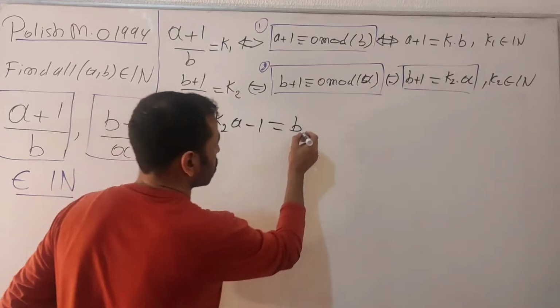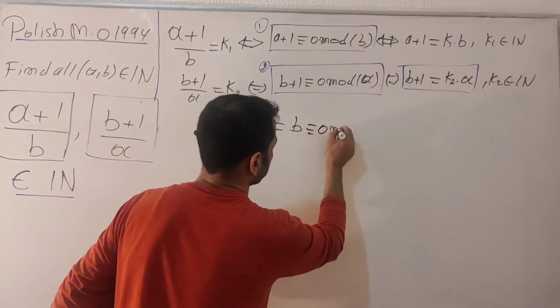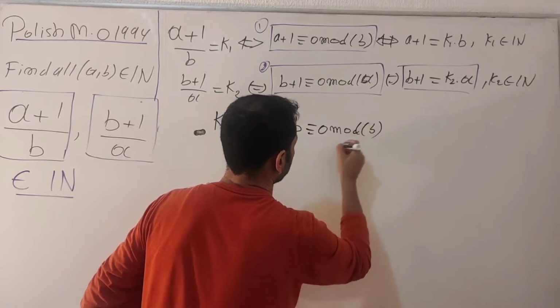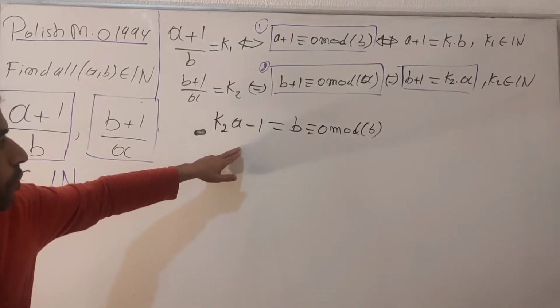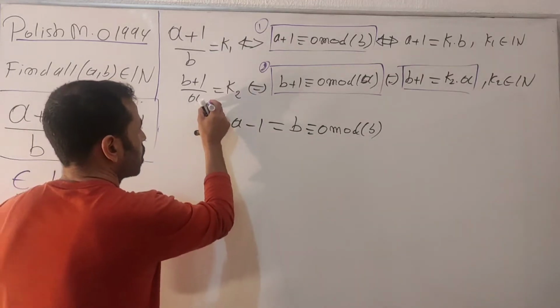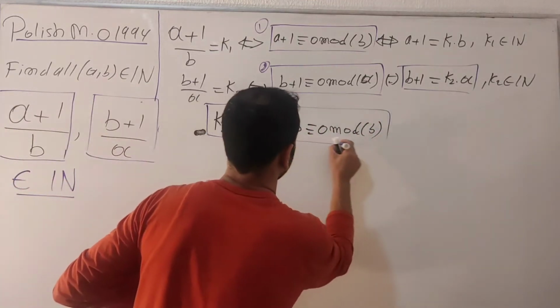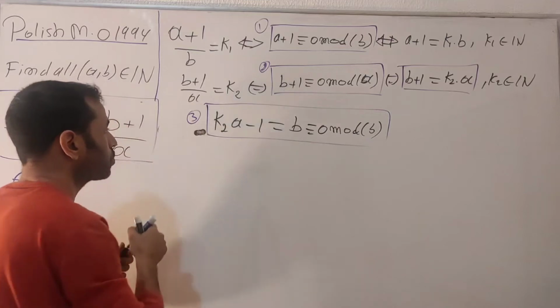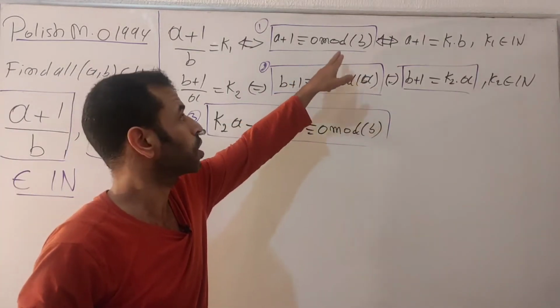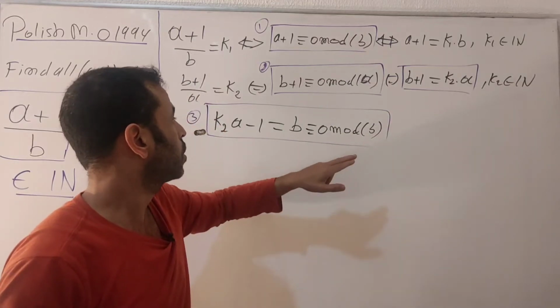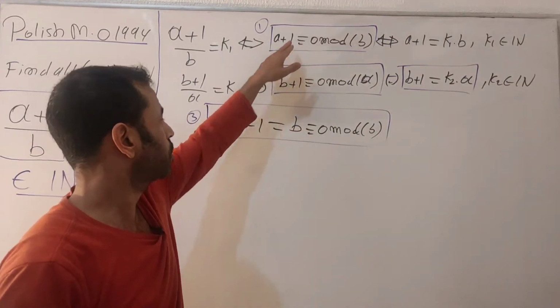We know b is congruent to 0 mod b, because b is divisible by the same number. So now I have ended with this nice expression. Let's name this expression number 3. Next, if you take a look at both statements, we get mod b here and mod b here. Also we get plus 1 here and minus 1 here.